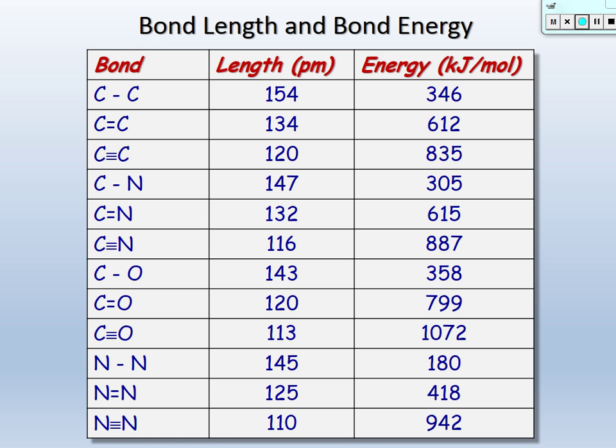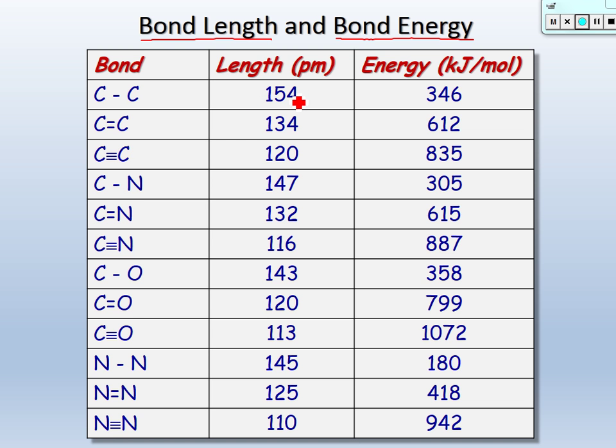So this table is a good table. It represents bond length and compares that to the bond energy, the energy to create or to break that bond. So what I wanted to point out, single bonds are pretty long relative to a double bond. Notice how the length is greater with the single bond.